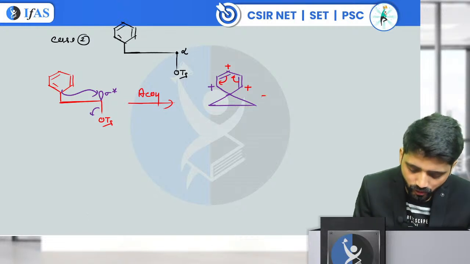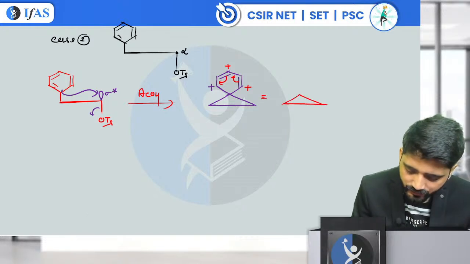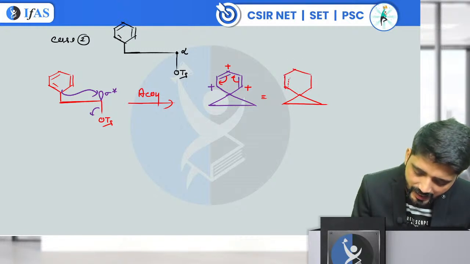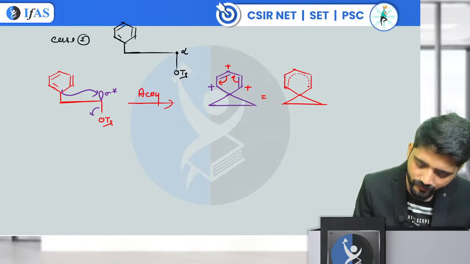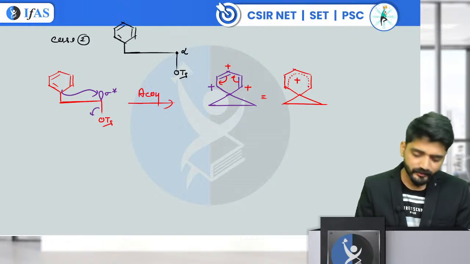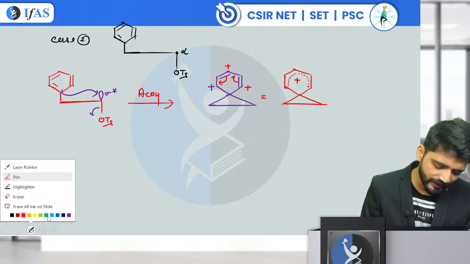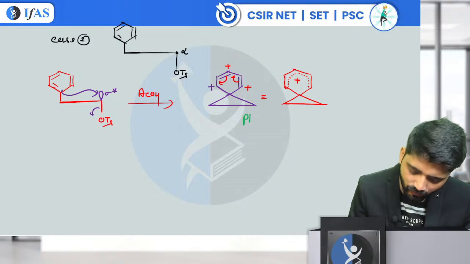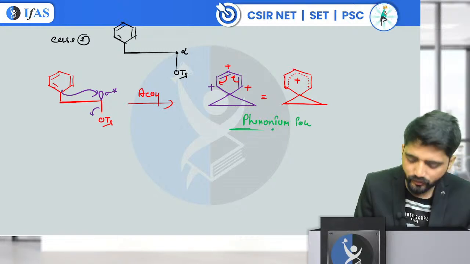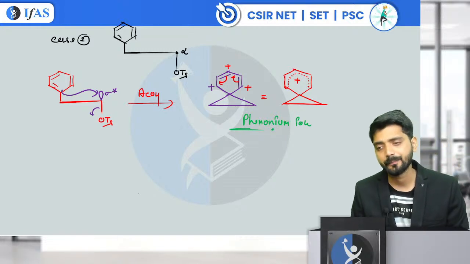I can also draw a resonance hybrid structure for the same, a 3-membered ring, a 6-membered ring. I can say a dash line is present here where a positive charge is delocalized. This type of intermediate where a phenyl ring participates has a name also, and it is called a phenonium ion.